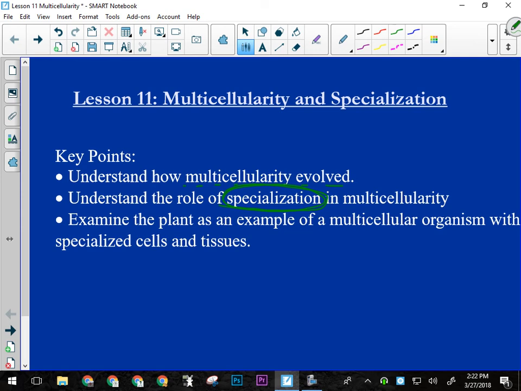So let's say that within this pack, there's one wolf that has better eyesight in the dark than its pack mates. Would that be an advantage for that wolf? Will it be able then to hunt both day and night? That means it'll get more food. Will that make it stronger? Will it be able to compete for mates better than its pack mates would?